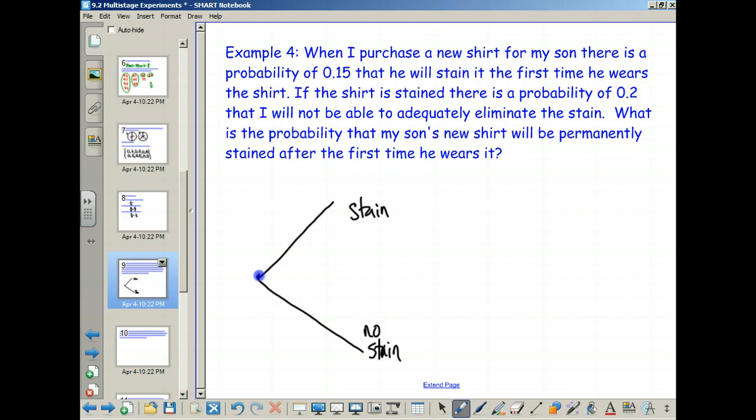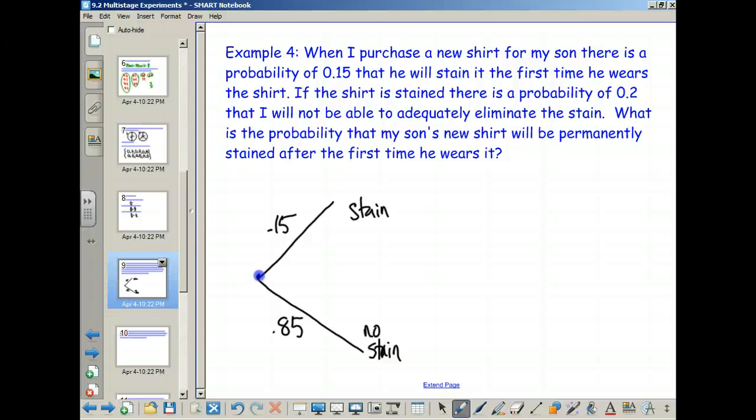What's the chance he stains it? 0.15. So what's the chance he doesn't? 0.85. Remember, these have to add up to 1. So 15% chance he stains it, 85% chance he doesn't. Now, if there's no stain, I don't have to scrub it. I just throw it in the washing machine.